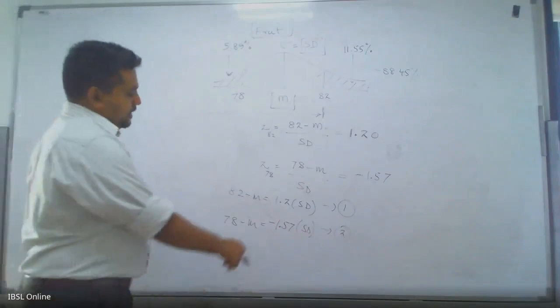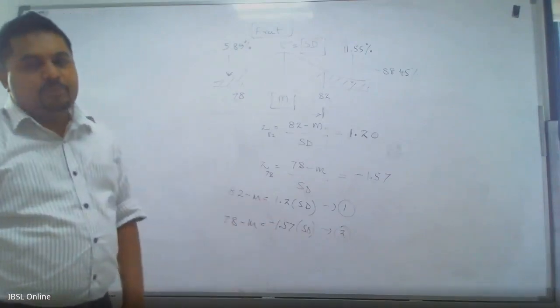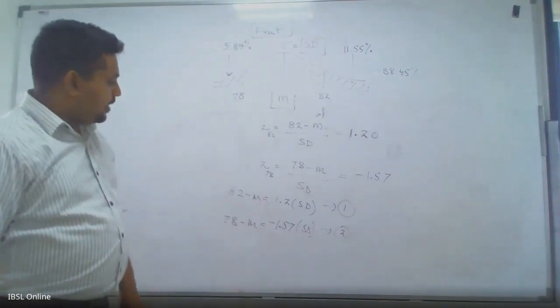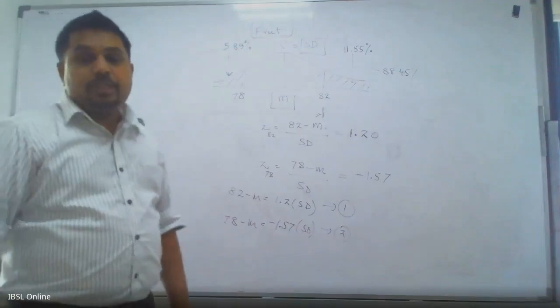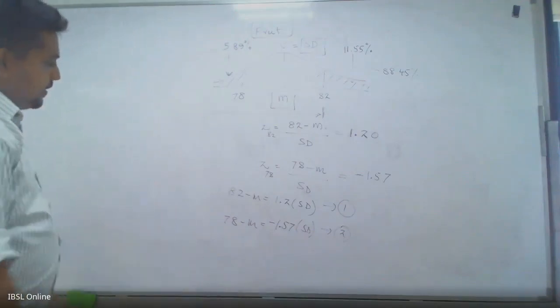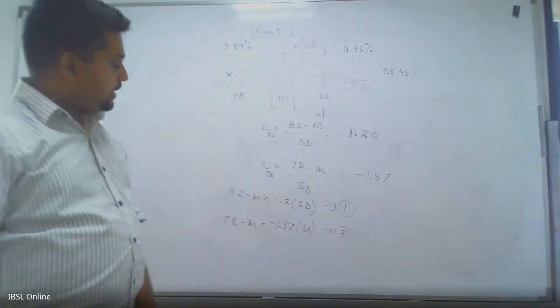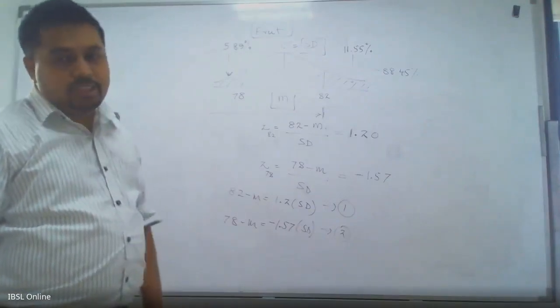We have two equations and two unknowns, and easily you can resolve this. Sometimes you can use the calculators also, especially if it is a quadratic or some kind of higher power equation.